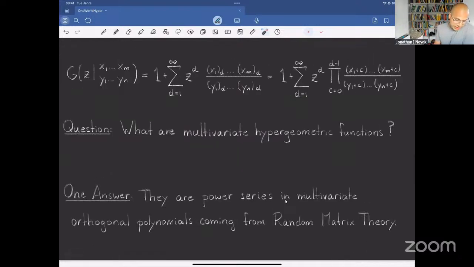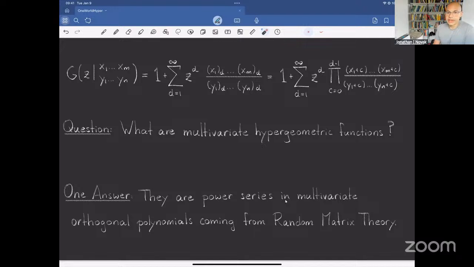And so a natural question is, if all of the classical special functions, or most of them, are hypergeometric functions, what should we mean by a multivariate hypergeometric function? There are several different approaches to answering this question, some quite sophisticated, based on Lie theory, rather abstract.